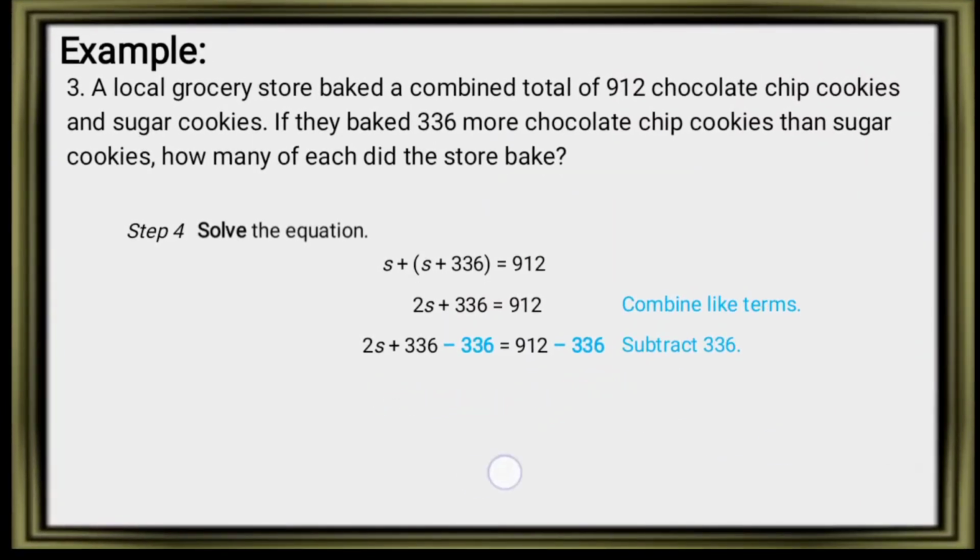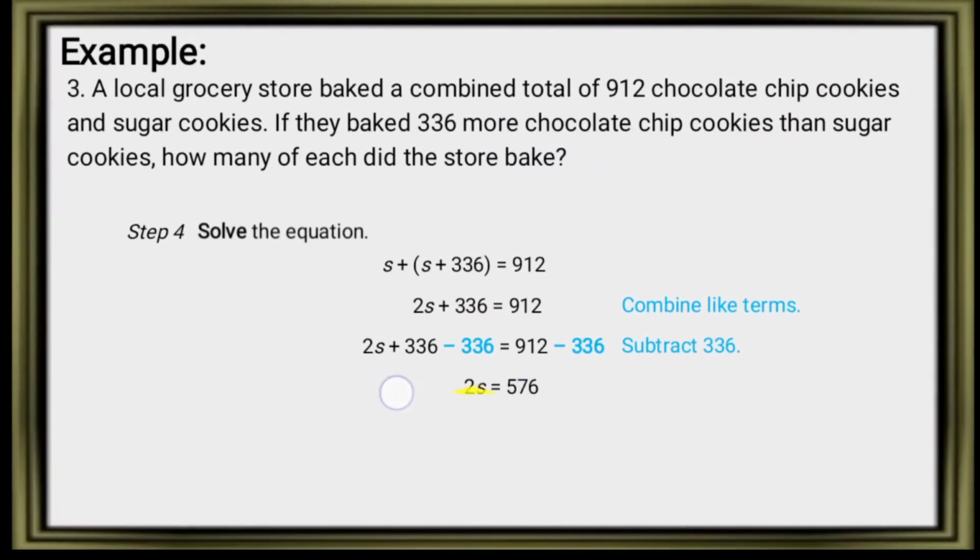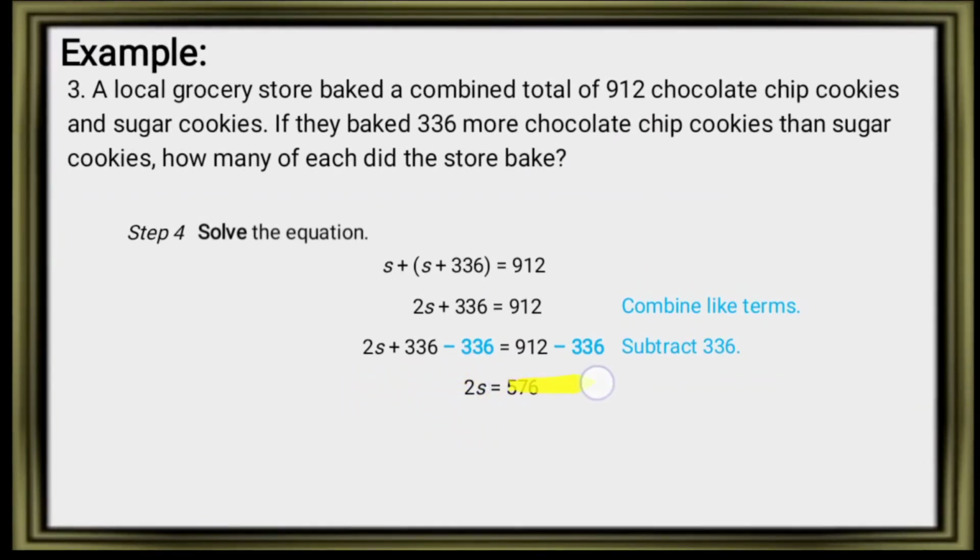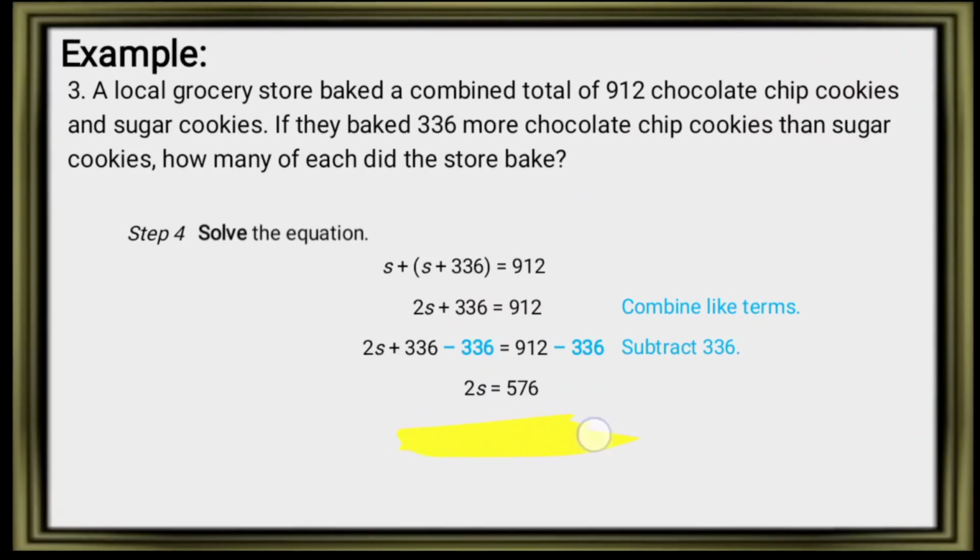Therefore, let's simplify. We have 2S plus 336 minus 336, we have 0 plus 2S is 2S. Then 912 minus 336 is 576. Let's divide both sides by 2 because that is our numerical coefficient.